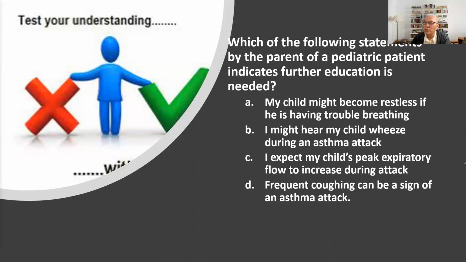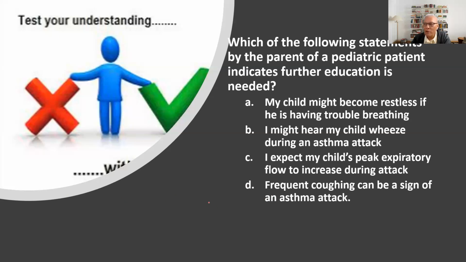Okay, here's another question. Let's take a look at the question. Which of the following statements by the parent of a pediatric patient indicates further education is needed? All right, your answers. Okay, so peak expiratory flow measures expiration.